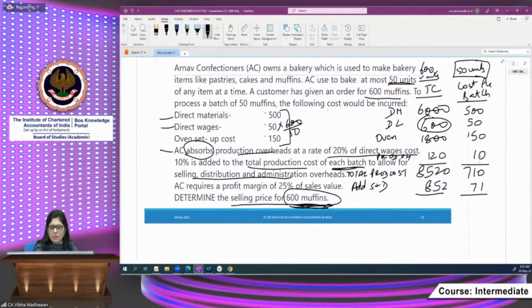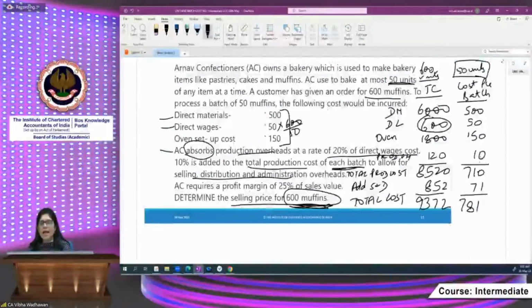So you will get the total cost. 8520 plus 852 is 9372. 710 plus 71 is 781. We have calculated the total cost 9372 and 781. See, we are simultaneously calculating the cost per batch also. It's a batch costing. You have to calculate cost per batch.